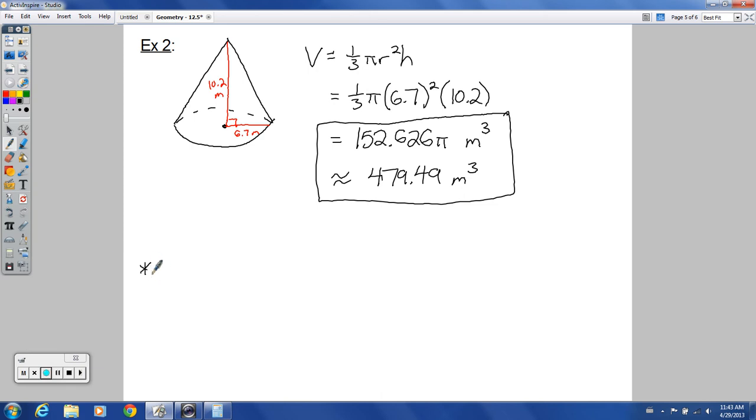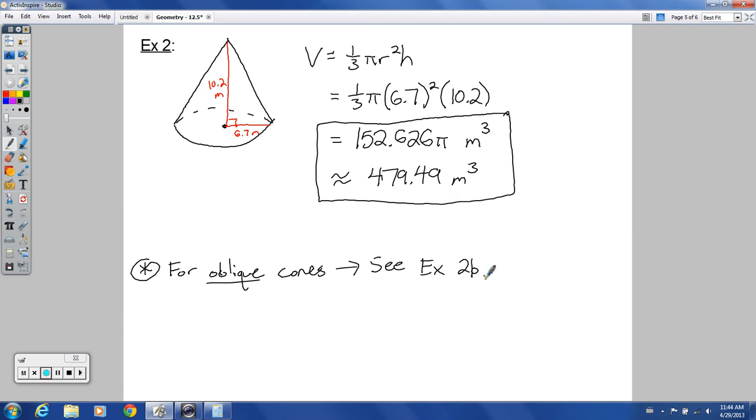A quick little note here, and then we'll do a third example. So if you were doing oblique cones, you should check out example 2. This is a B, not 26, a 2B.